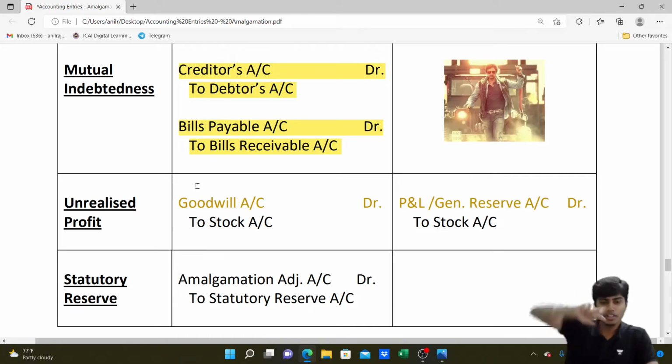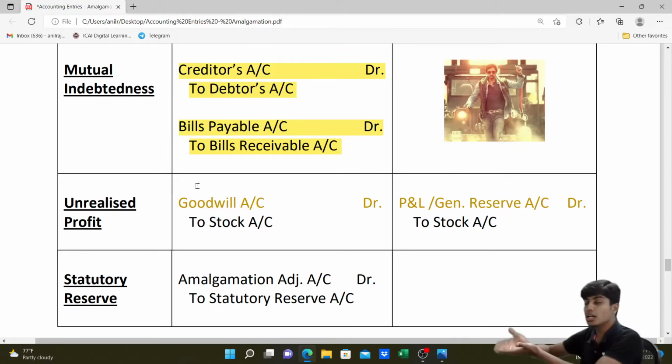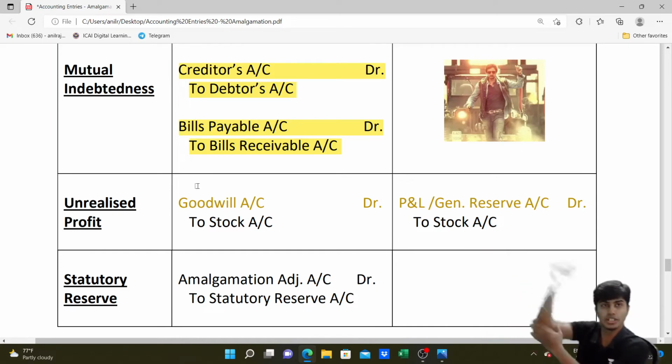This unrealized profit can work both ways, upstream and downstream. What is upstream? Upstream is when the transferor has sold goods to the transferee and the transferee has not sold it outside. Downstream is when the transferee has sold goods to the transferor and the transferor has not sold to outsiders.